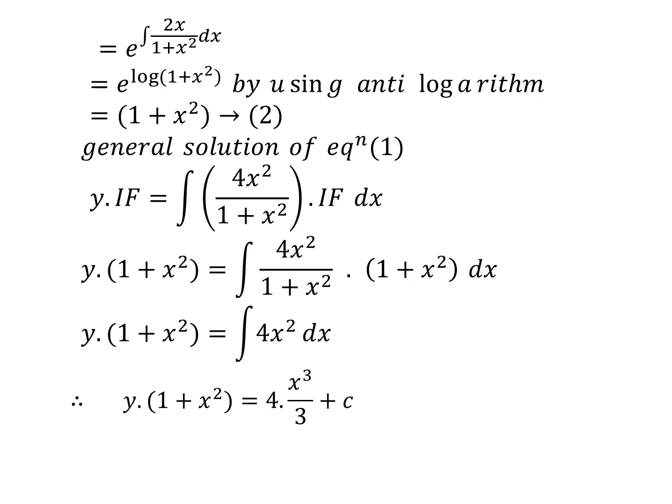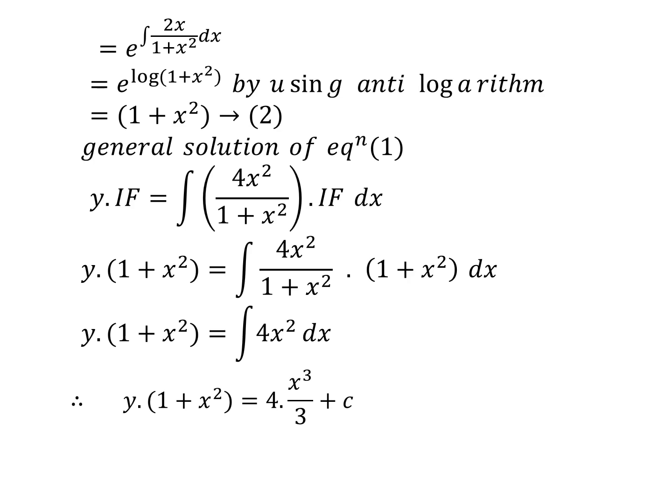We already got the integrating factor value in equation 2, so directly substitute it. So y(1 + x²) equals the integral of 4x²/(1 + x²) into (1 + x²) dx. That means wherever we have the integrating factor, replace it with its value.